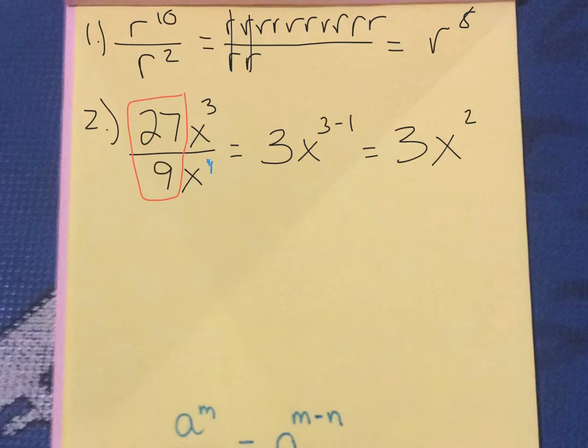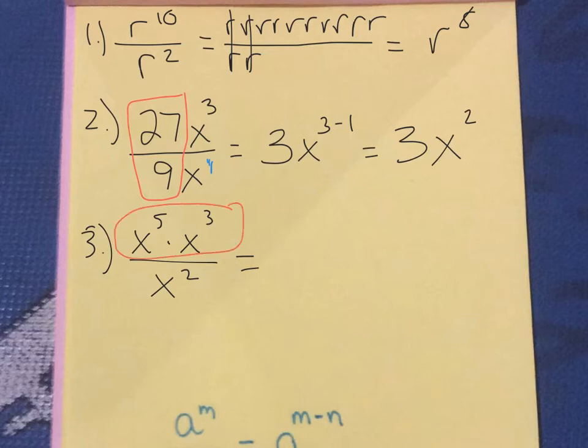You can feel free to put more difficult problems on here too. I'm going to put one that's even more complicated. I found one that I want to use, and it's a variation on a problem in the packet. But let's say we had x to the 5th times x to the 3rd over x to the 2nd. First, I'm going to do the top part.